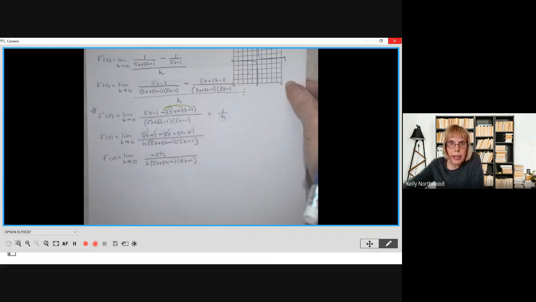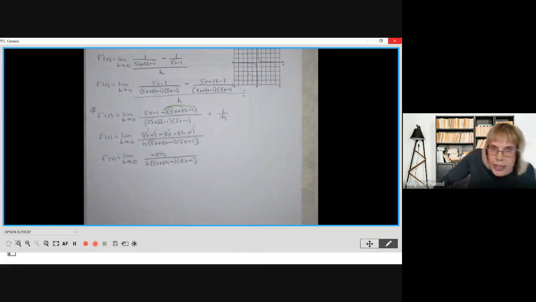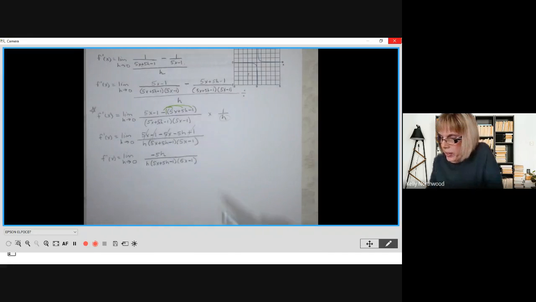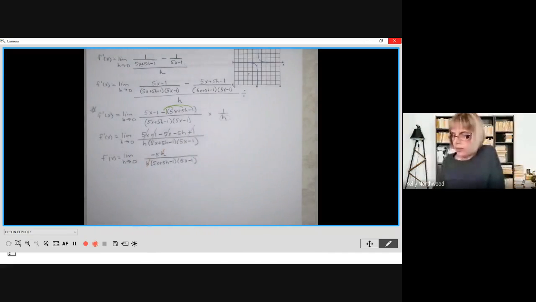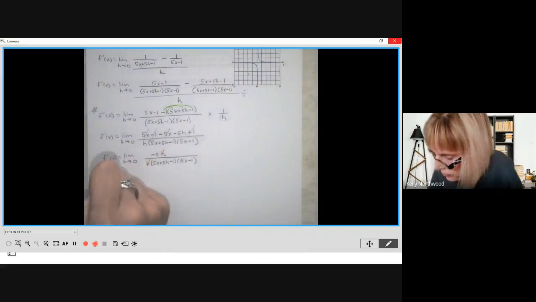All right, so now I can divide out that h. That's preventing me from allowing h to approach 0. And now it's safe to let h approach 0.